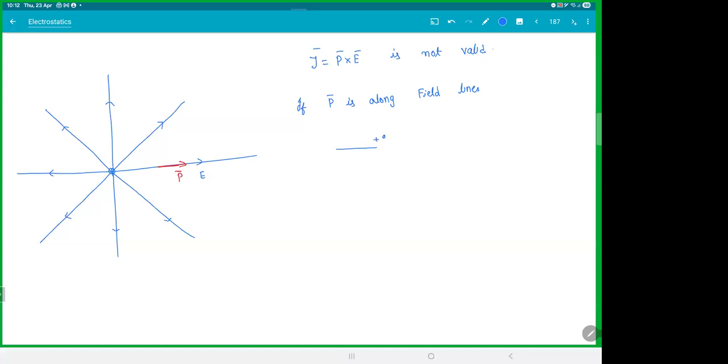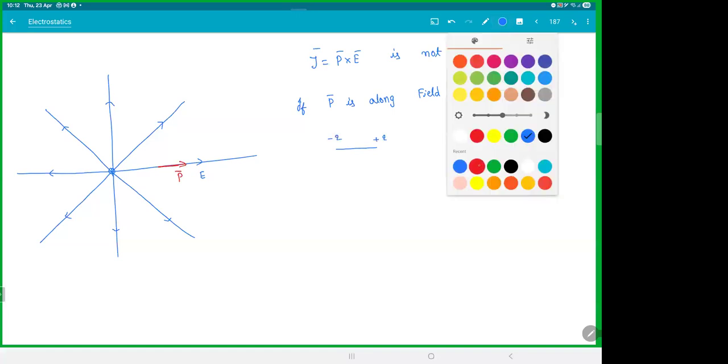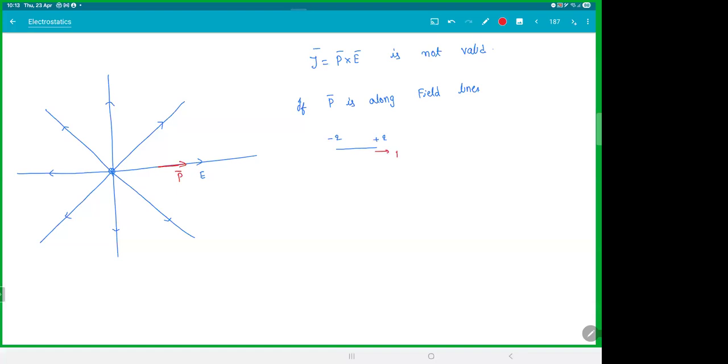So this is plus Q, this is minus Q. Here the field will be E plus dE, and here the field will be E. In this scenario, you can clearly see force is not 0, but torque is 0, because the forces will pass through the center of the dipole, isn't it? The forces are equal and opposite.